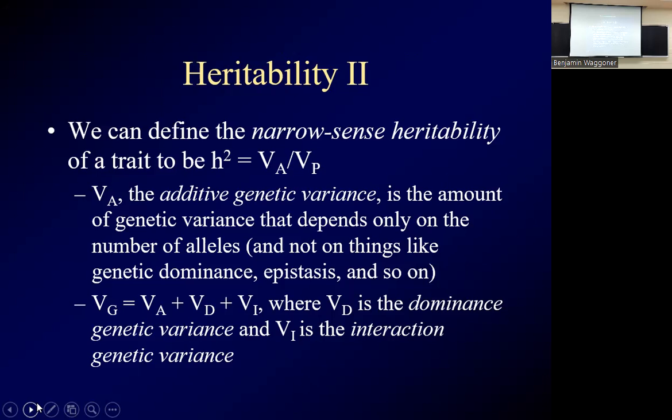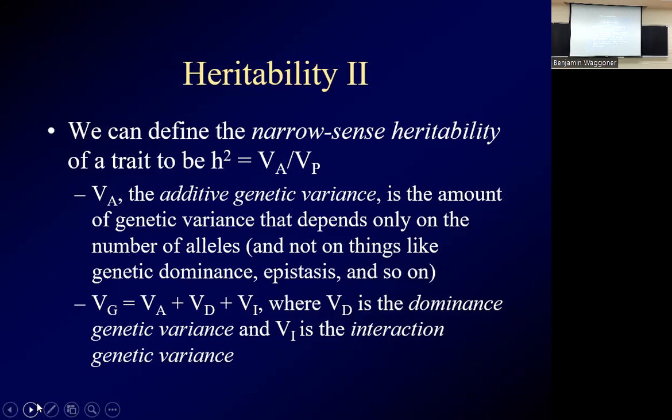If it's got 2 copies of the spotting allele, it has a lot of white on it. Am I making sense there? So in that particular case, the variance in the trait is due entirely to additive genetic variance. It's due only to the number of alleles that an individual cat has.